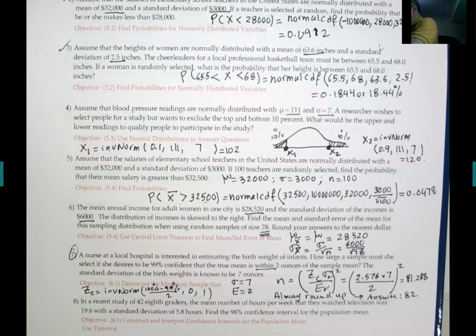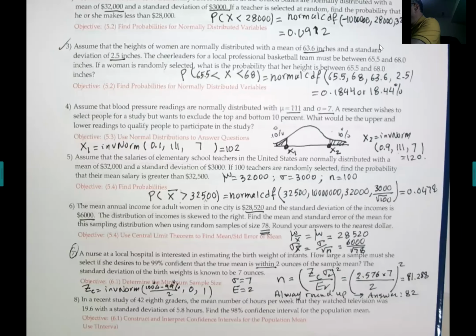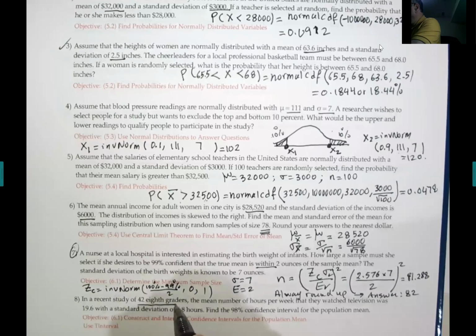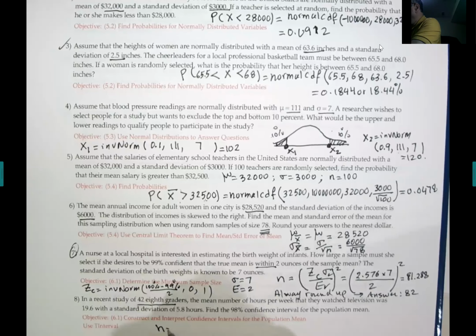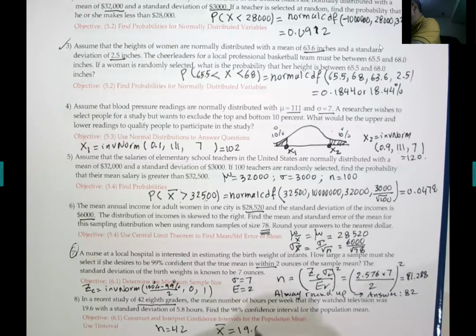Eight. In a recent study of 42 eighth graders, so n is 42, the mean number of hours per week that they watched television was 19.6, x bar, with a standard deviation of 5.8, s.